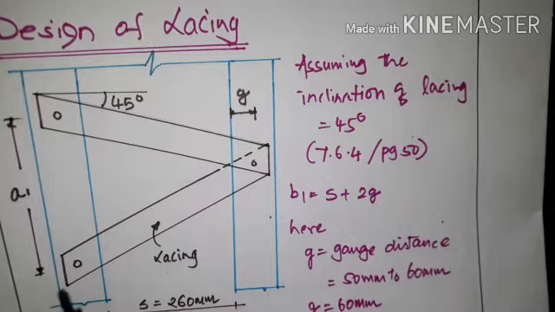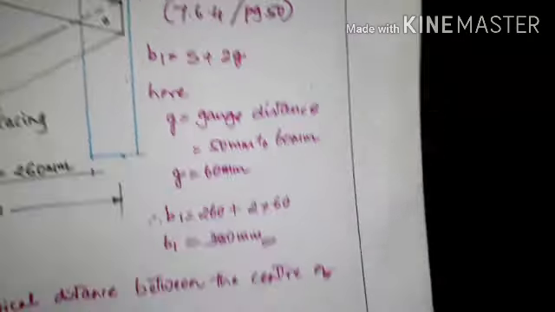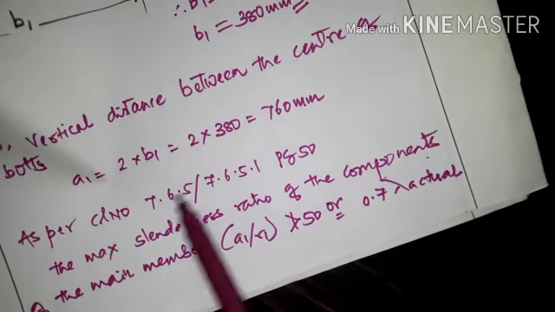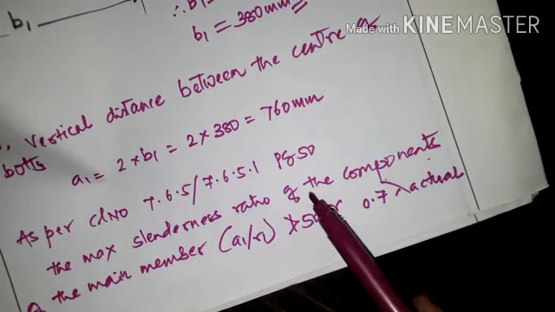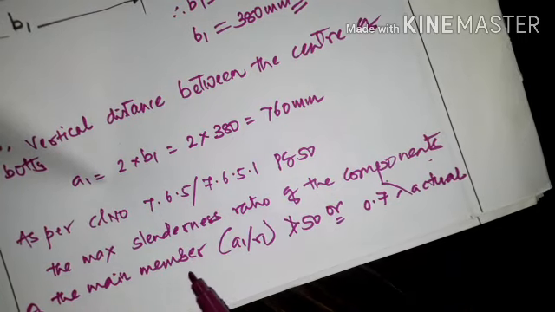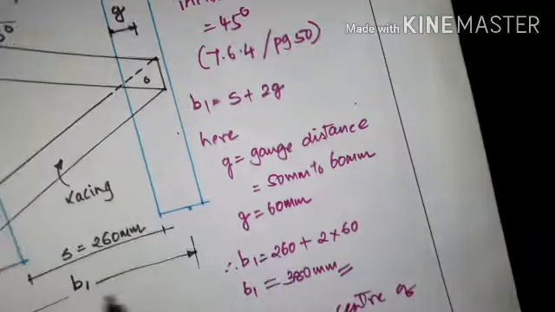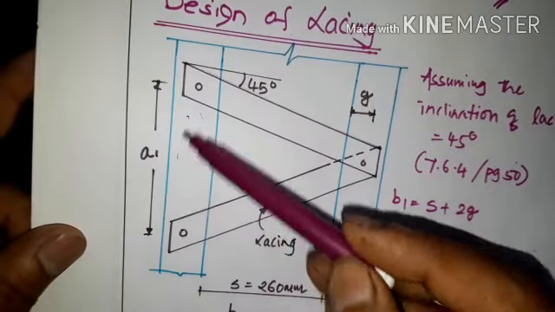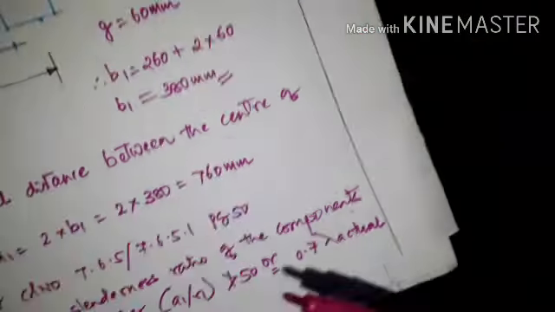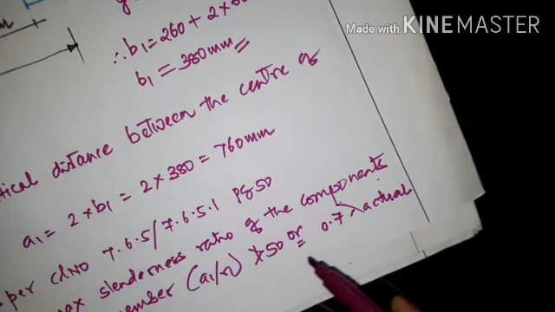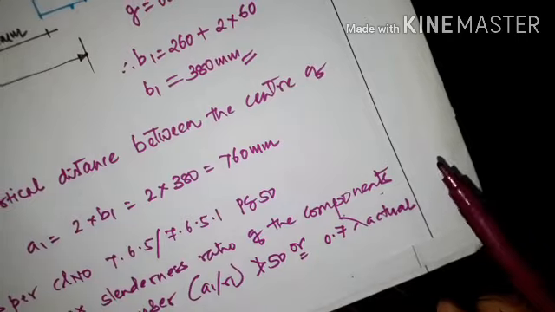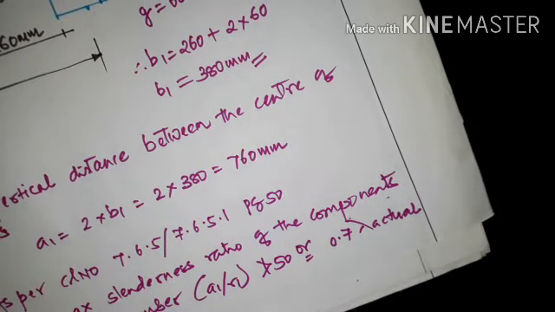According to this clause, A1 is this height. A1 by R1 should not be more than 50 or 0.7 times the actual slenderness ratio.